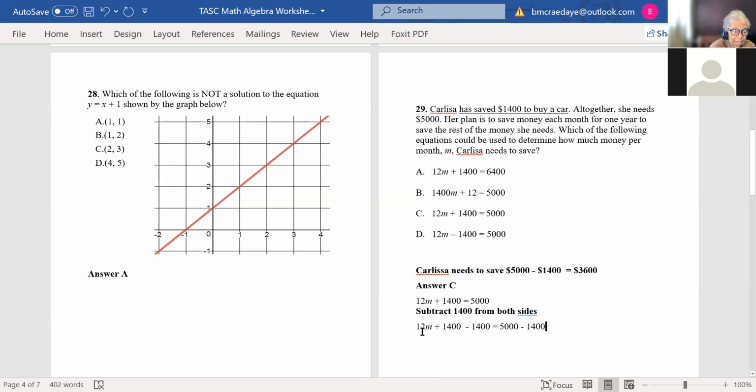So this would cancel out, 1,400 minus 1,400 is 0. So you'd have on the left side 12M, which is 5,000 minus 1,400, exactly what C is, because if I subtract the 1,400 from both sides, I get 12M equals 5,000 minus 1,400. So that would be the answer.